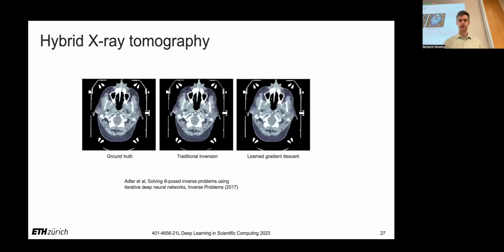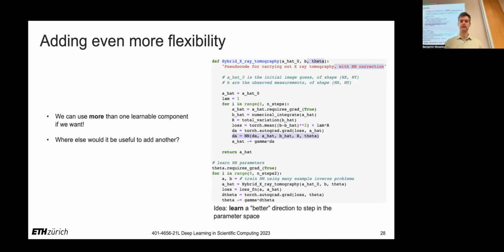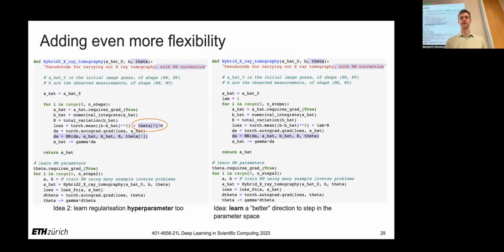So why not just have one neural network? Why not just go for it and put learnable components across many different places? I think you already suggested when we were having that brainstorm, there are many other places you could put neural networks. For example, we could think about a regularizer here, and we said that was kind of an arbitrary choice.